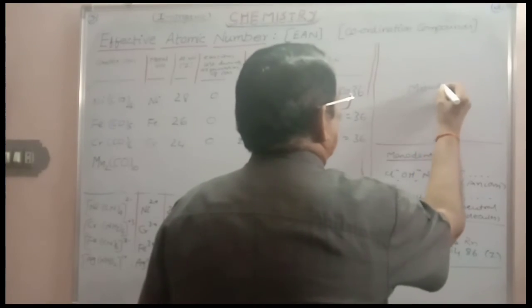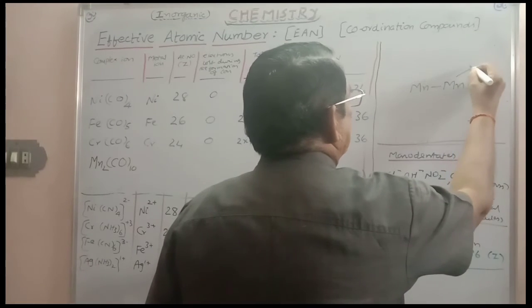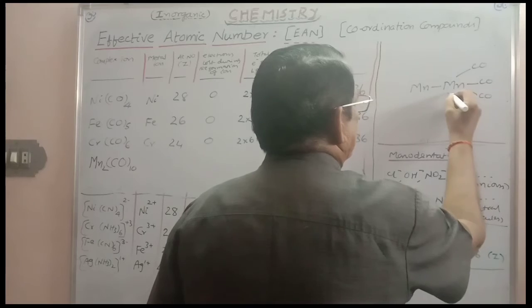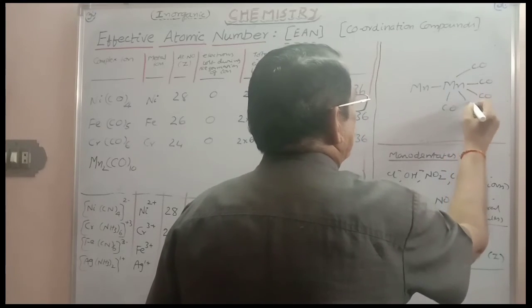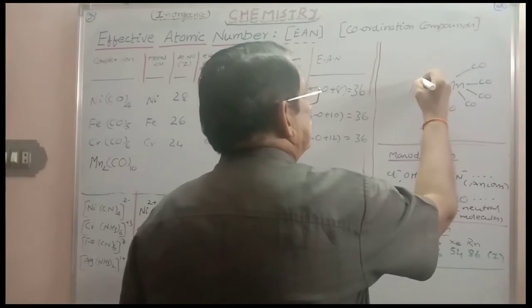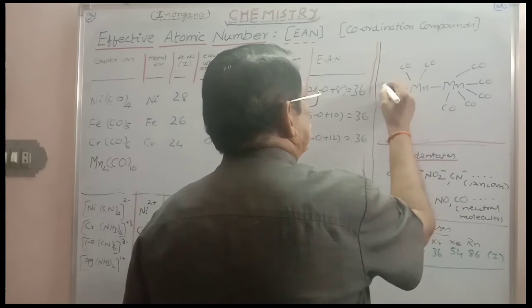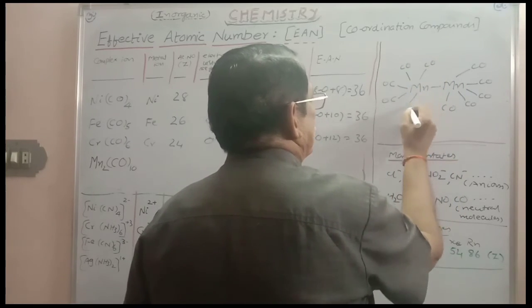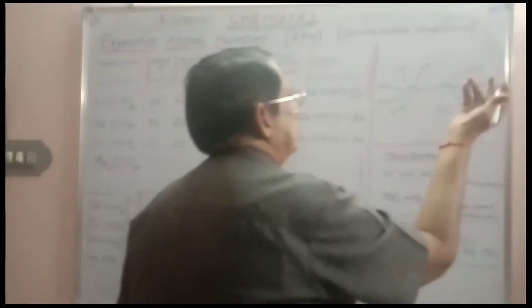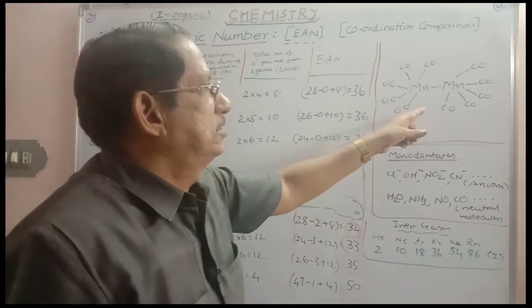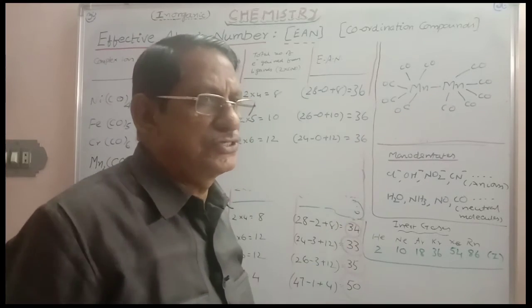Mn, (CO)5. Similarly, Mn (CO)5. This is Mn2(CO)10. Every manganese is linked to 5 carbonyls, 5 ligands each.